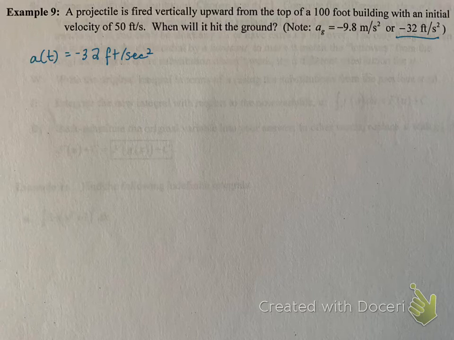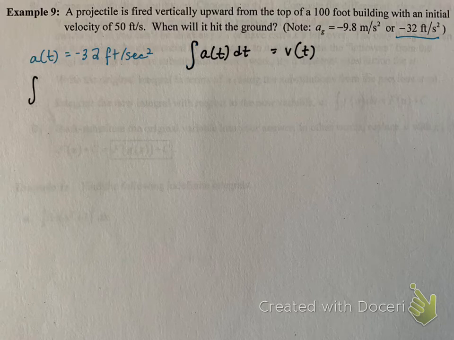All right, so I have the acceleration. If I want to get velocity, I have to integrate the acceleration formula. Okay, so if I integrate the acceleration formula, that's going to give me velocity. So let's do that. Let's integrate negative 32 feet per second squared.